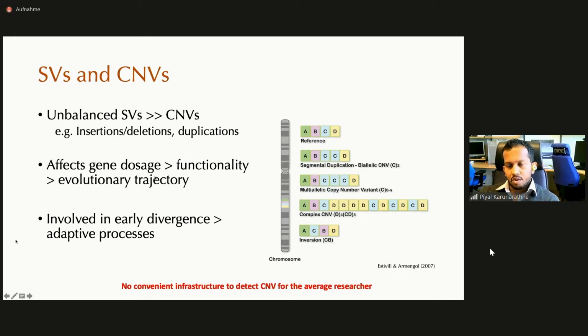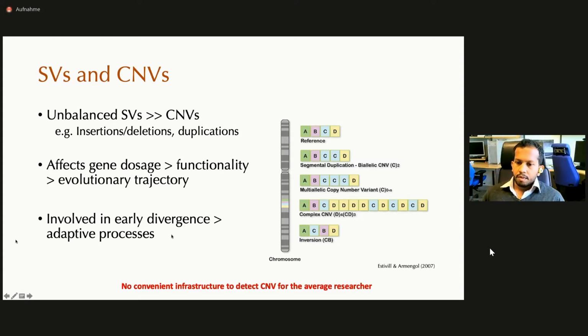From studies, we know that this affects gene dosage, because if you have more copies, it changes the functionality of that gene, which in turn affects the evolutionary trajectory of a species or a population. And we know that they are involved in early stage divergence of populations and species, especially in local adaptation to environmental conditions.